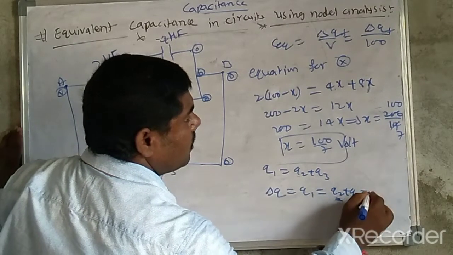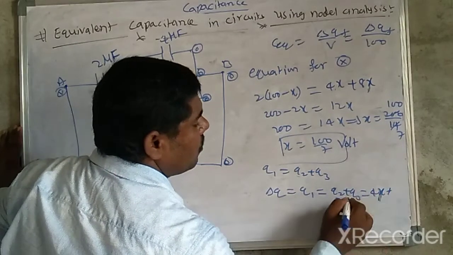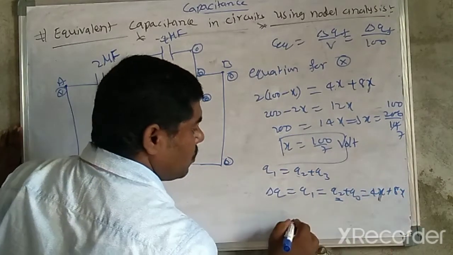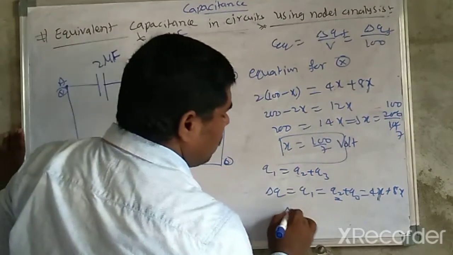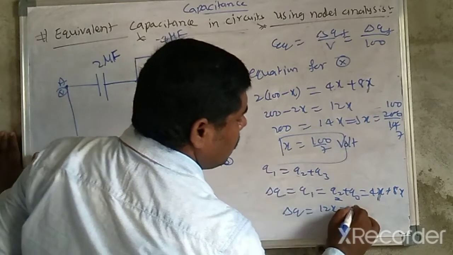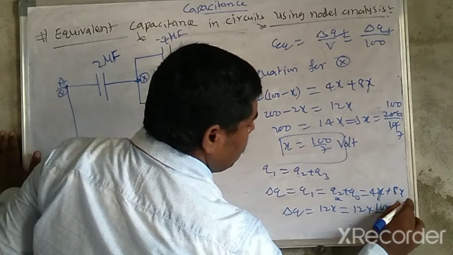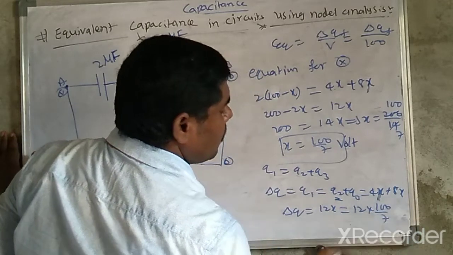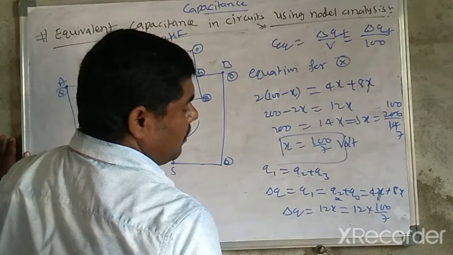Q2 is nothing but 4x, plus Q3 nothing but 8x. So the delta Q is equal to 12x. And x is how much? 12 into 100 by 7 volt, in coulomb.